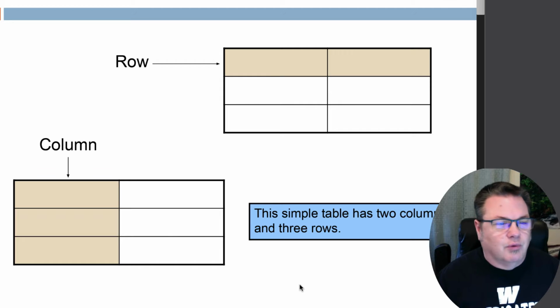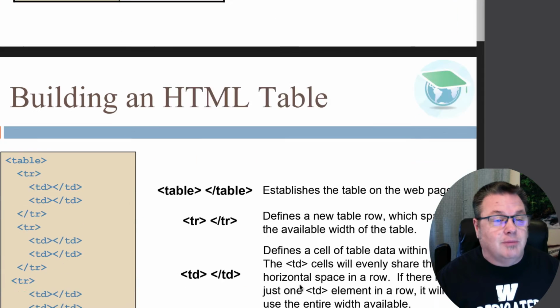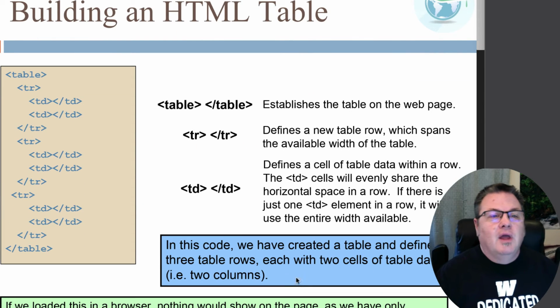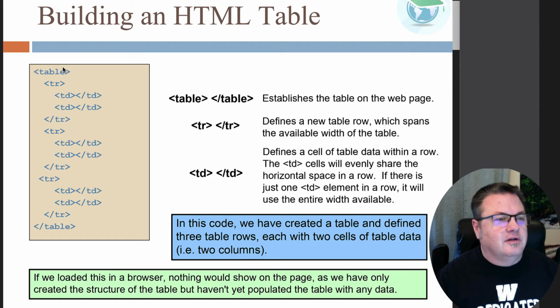Of course, you worked with rows and columns. And building an HTML table establishes the table on the web page with the table tag and the closing table tag there. Each row is a TR, right? And within each row is table data.